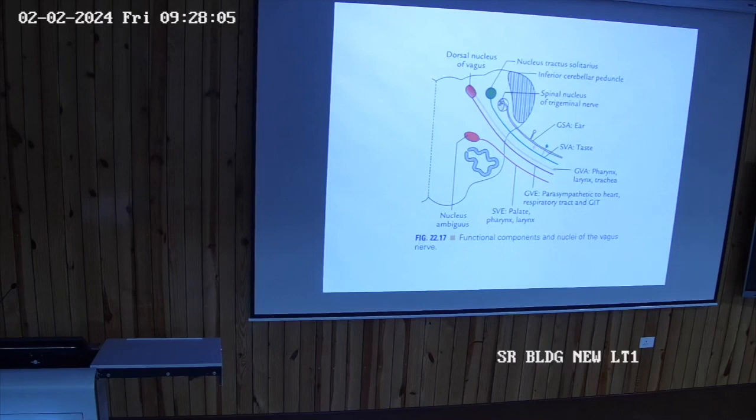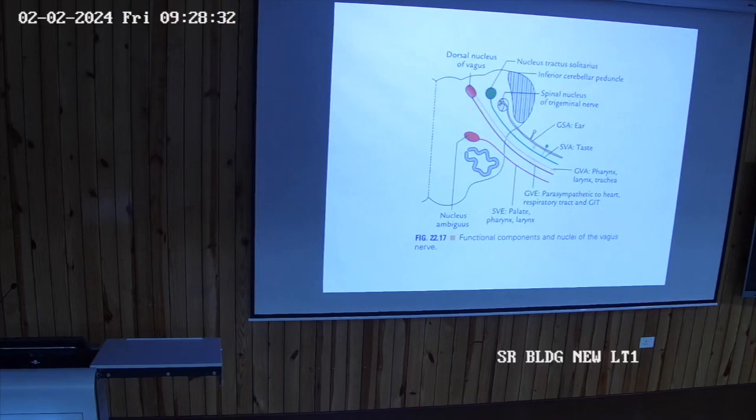Dorsal nucleus of vagus, general visceral efferent component: this component supplies parasympathetic fibers to the heart, bronchial tree, and also to the GIT. These are the two motor fibers.